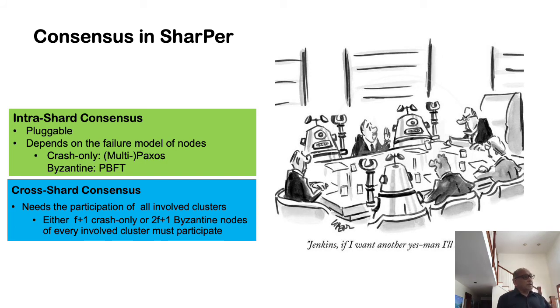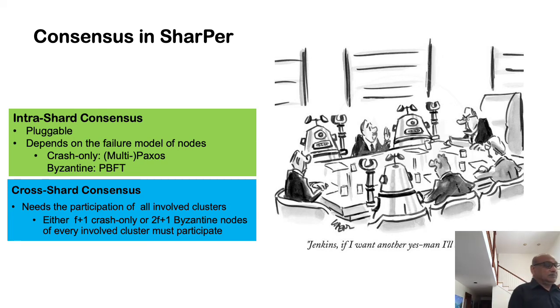The other thing that is needed is that we are going to allow cross-shard transactions to be executed. When cross-shard transactions are executed, you have to make sure that they are synchronized with respect to the local executions that are happening in the multiple shards.